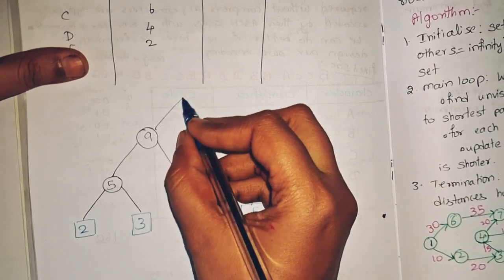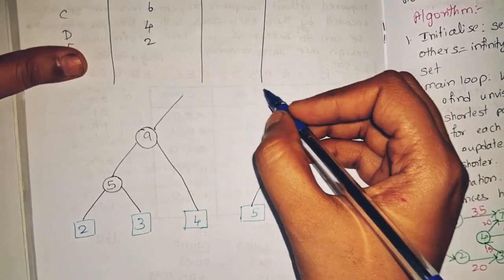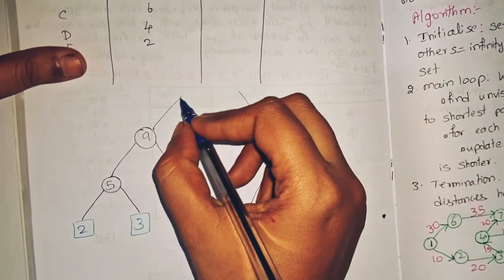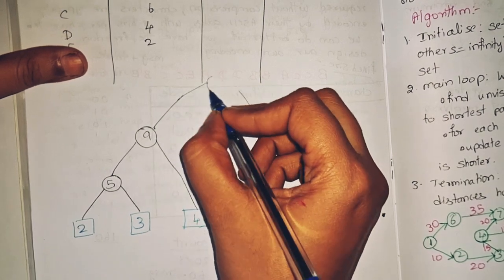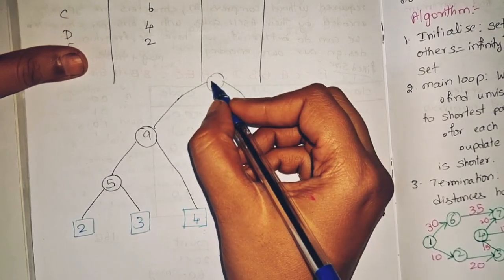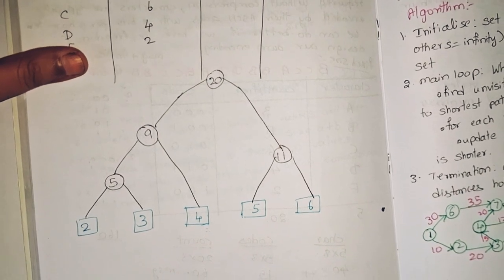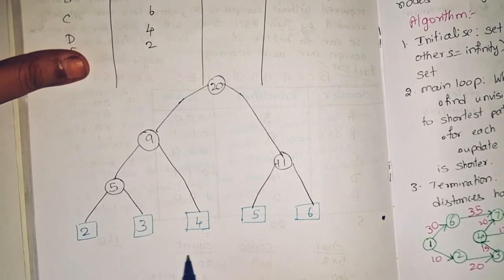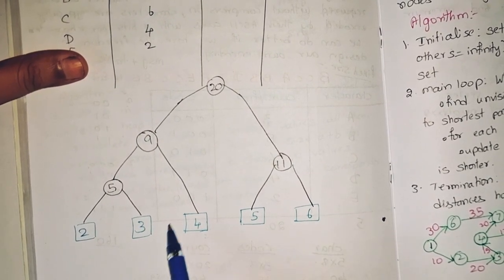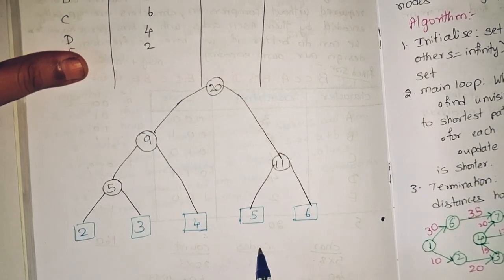Then 9 and 11 give 20. Okay, in this manner we have merged the count values here.